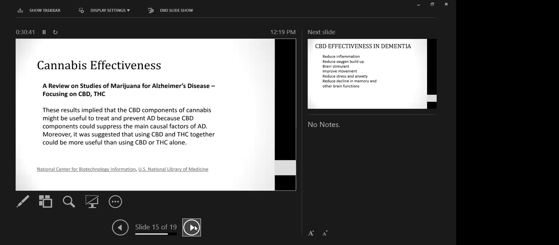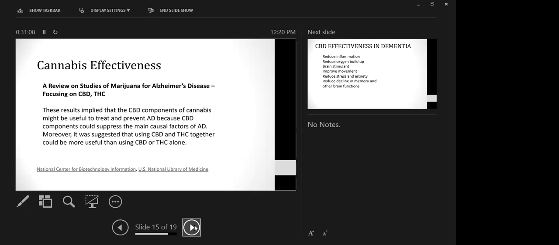The review on a study of marijuana for Alzheimer's disease, because again, all of this is sort of newer evidence coming out. These results implied that CBD components of cannabis might be useful to prevent AD because CBD components could suppress the main causal factors of Alzheimer's dementia.